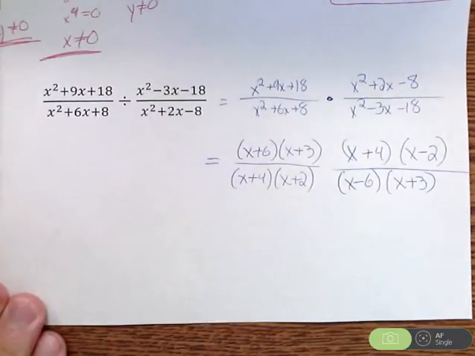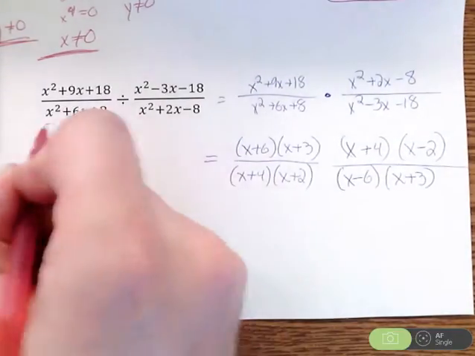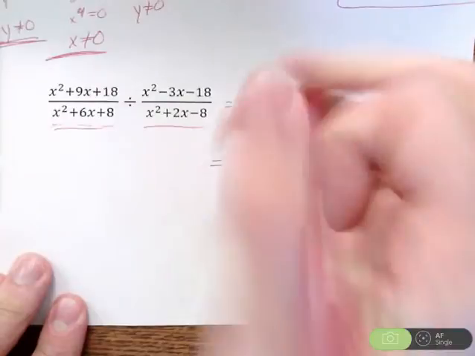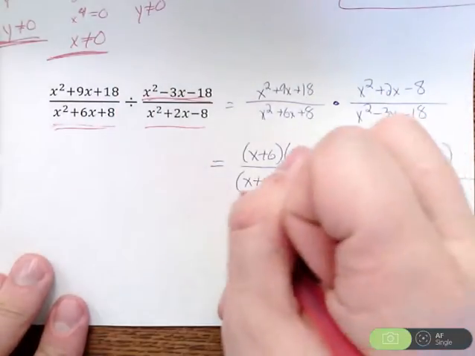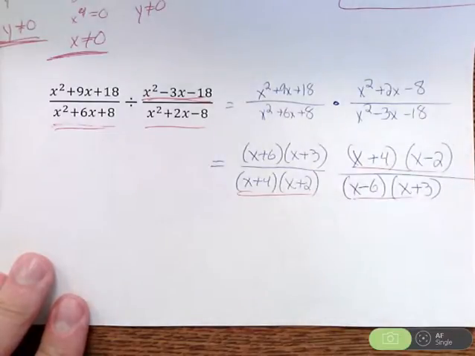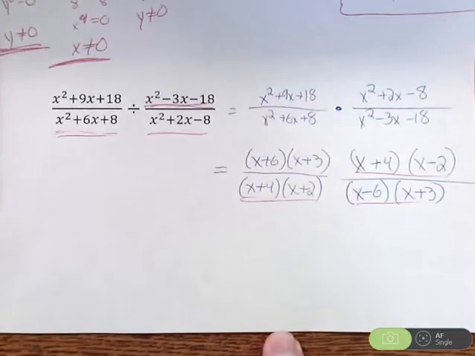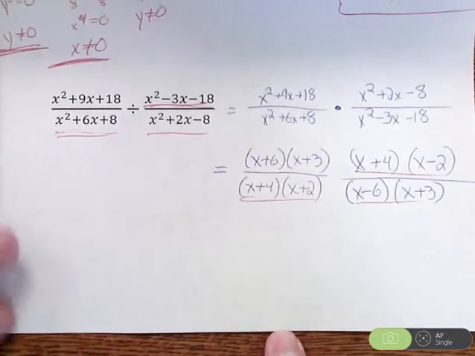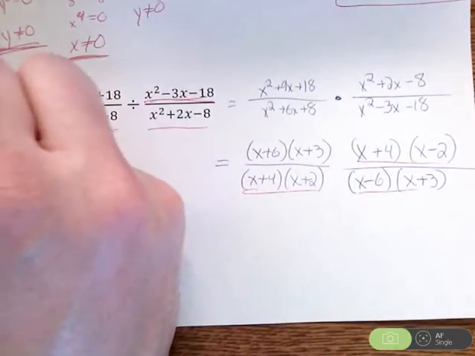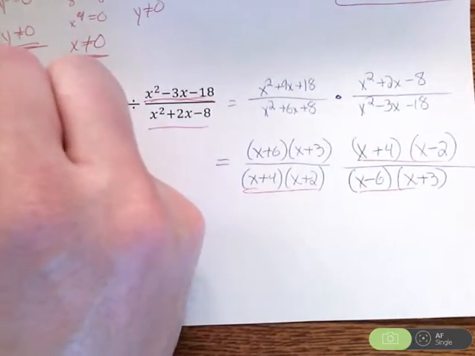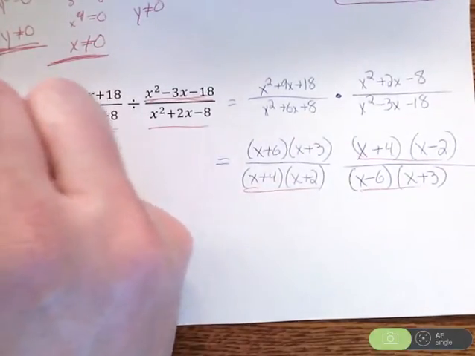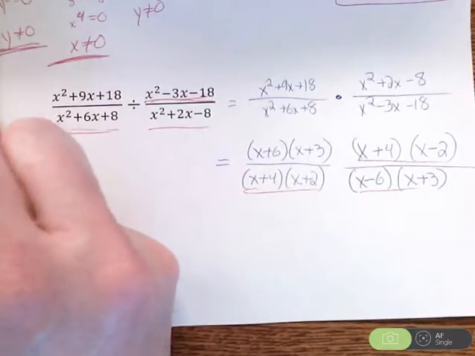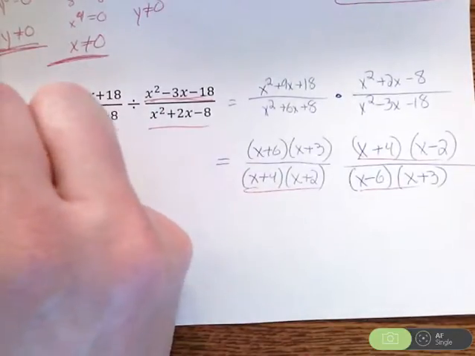Now remember, restrictions. We never want our denominator equal to 0, so restrictions come from here, here, and since we flipped this, also here. Going through the restrictions, take each factor, set it equal to 0, and solve. So x plus 4 is equal to 0, I get x cannot be negative 4 there.